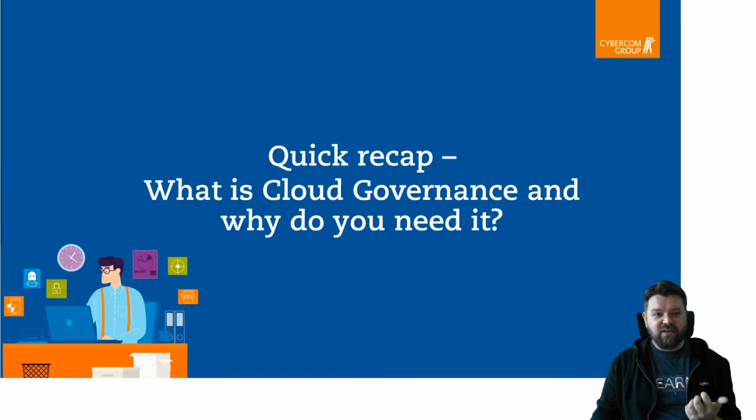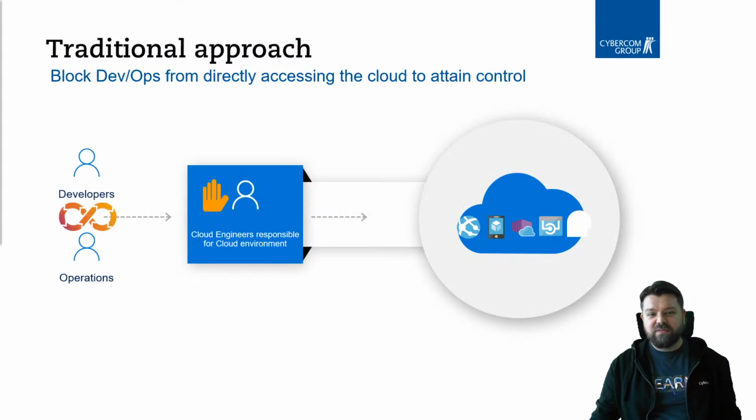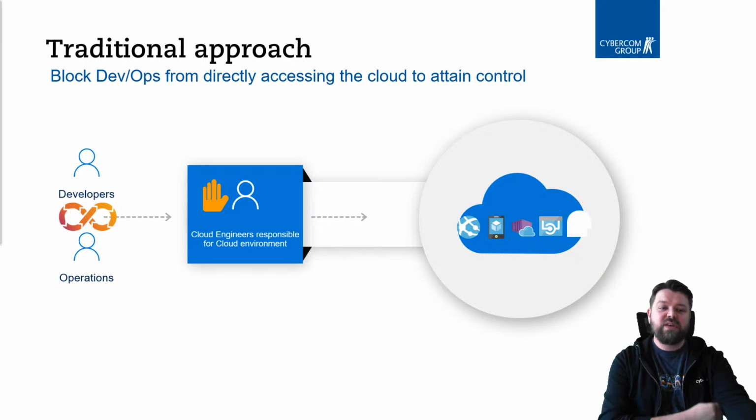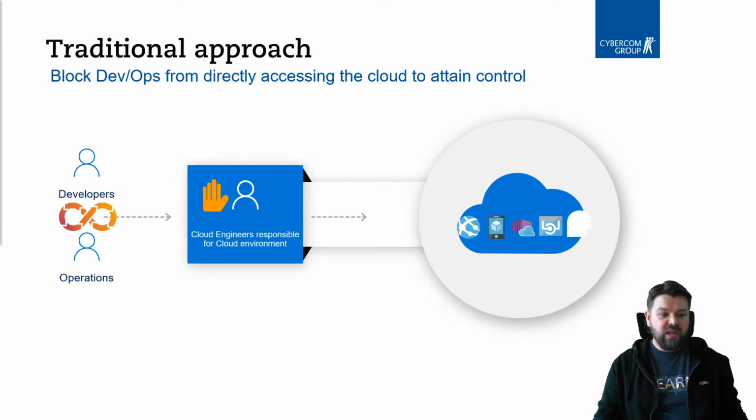A quick recap. What is cloud governance and why do you need it? We all have seen this traditional approach to doing IT. This is how we've done IT in the normal world for ages, and it's not really properly working in the cloud area.